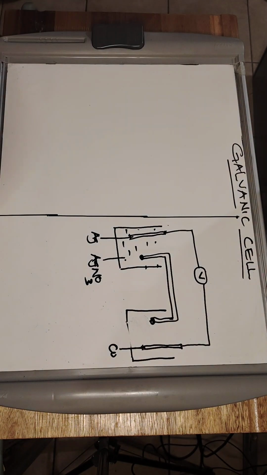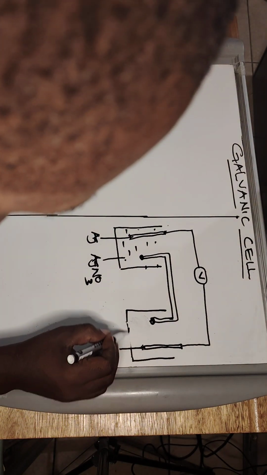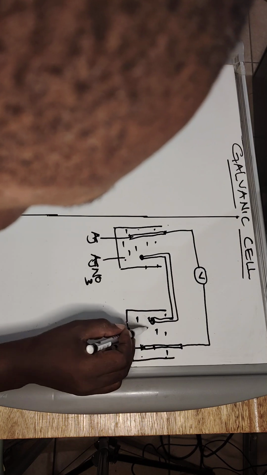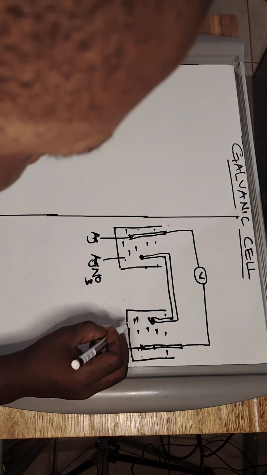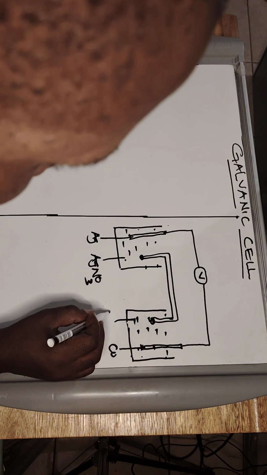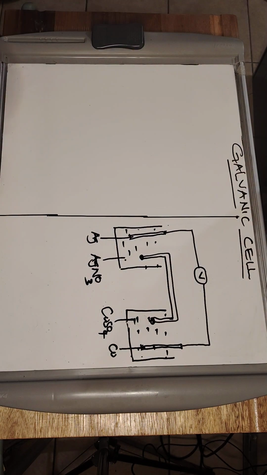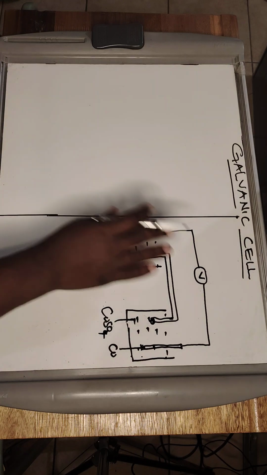If this electrode is copper, it means this electrolyte has to be a soluble copper salt. Let us use the common one: copper sulfate is known to be soluble, and it is one of the commonest copper compounds we can get. So this is the setup.